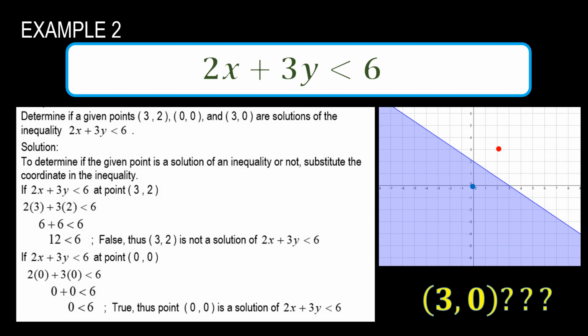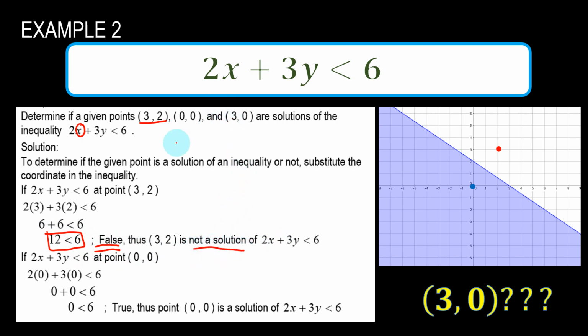The only difference is the given. In the left side of the screen, you can see here 3, 2. You just again plug in the 3 here in x and the 2 in y, and eventually we can get the number 12 less than 6. This is false. So therefore, this is not part of the solution.